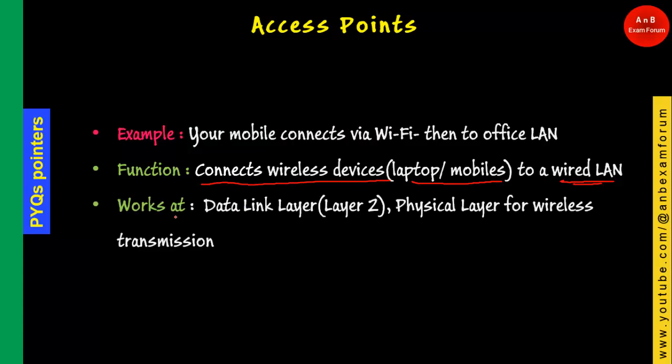This access point works at the data link layer, and the physical layer is used for the wireless transmission, which is different from the wired transmission. For wireless, the physical layer will definitely be used, but it works at the data link layer, that is layer 2.